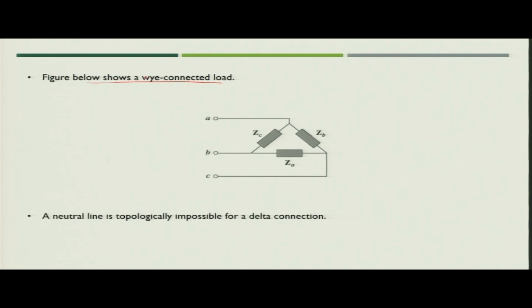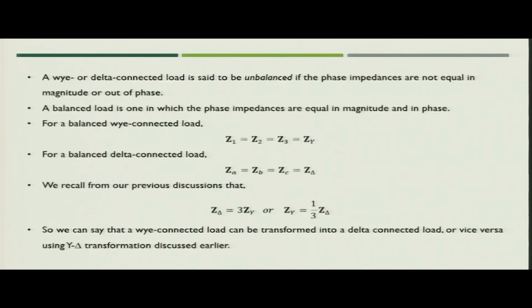This is the delta connected configuration. Here A, B, C are connected in triangular fashion, and phases A, B, C are taken out from the load. In this arrangement you cannot take the neutral connection out, because it is topologically impossible to take a neutral connection from a delta connected load.